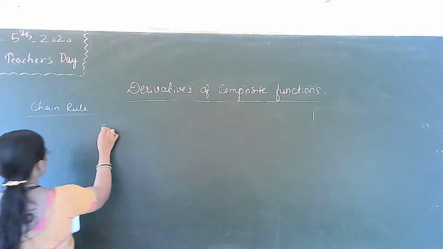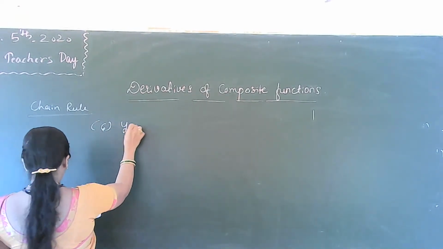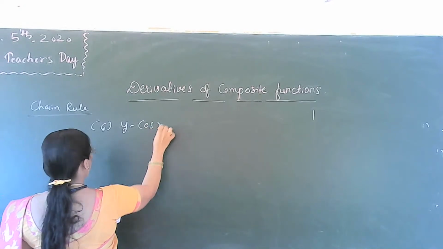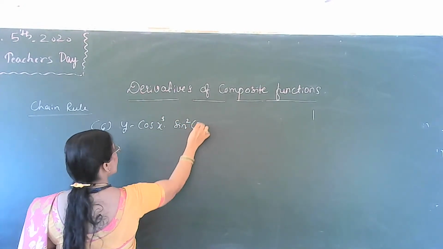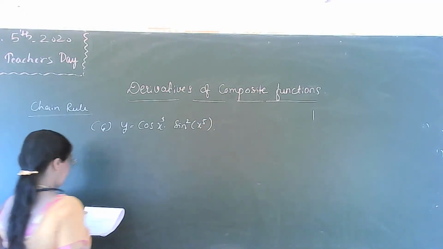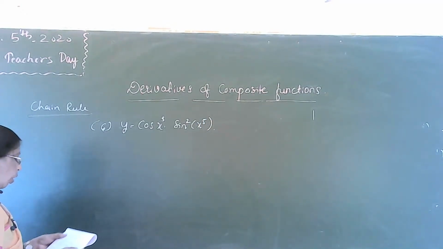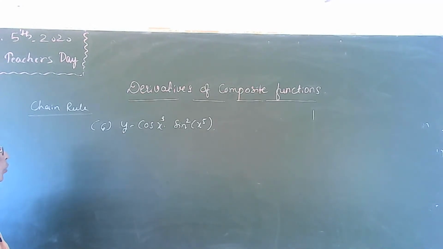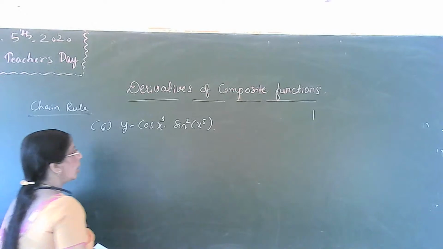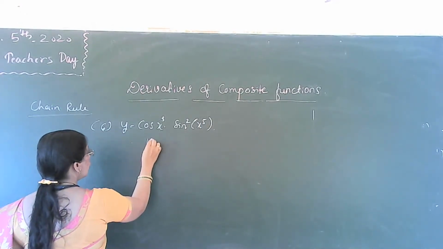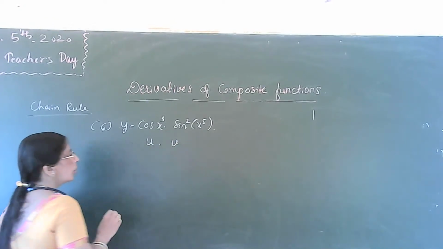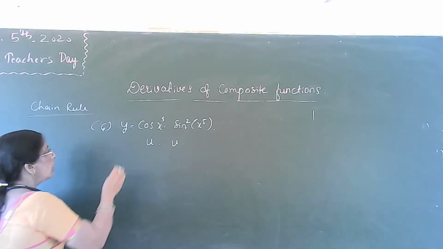Sixth one, y is equal to cos of x cube into sin square x to the power 5. Here it is a u and v function.